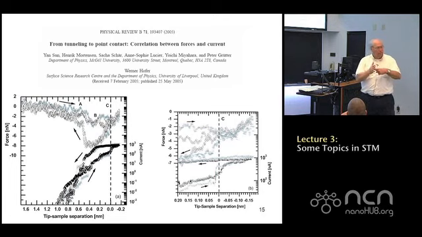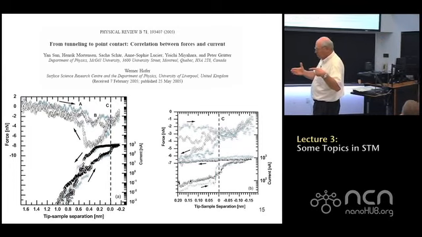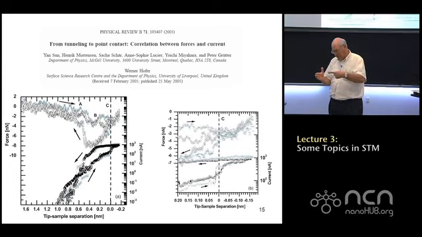So how can that be? What they're saying is the tip comes in, the tunnel current increases, finally you make contact with the tip, and you push the tip. Then you start to pull the tip away, and the tunnel current stays at the same value for about 0.4 nanometers.